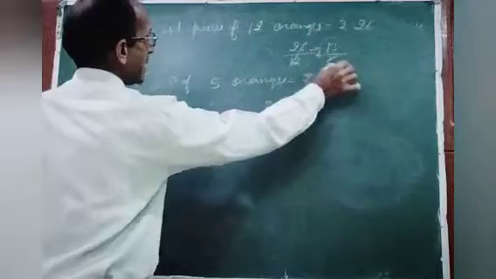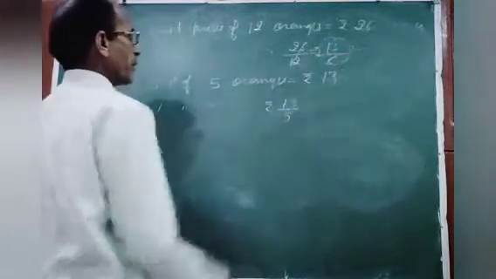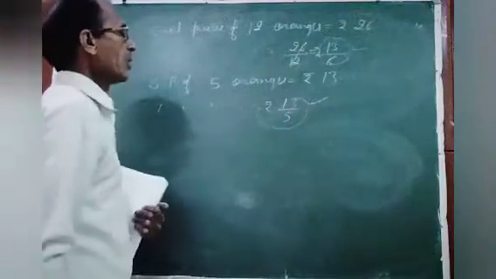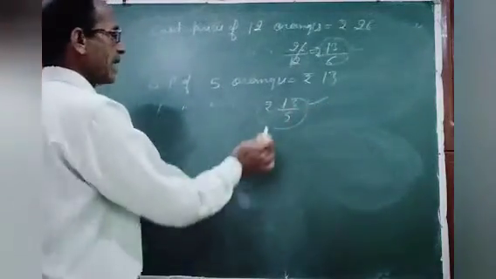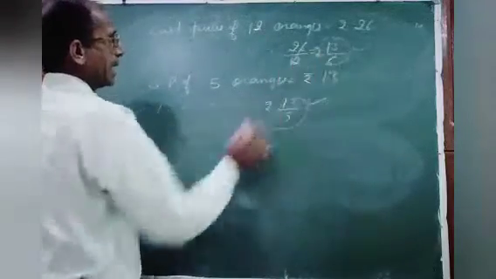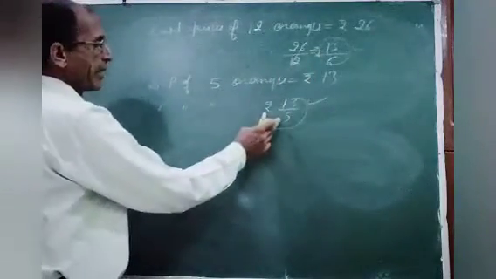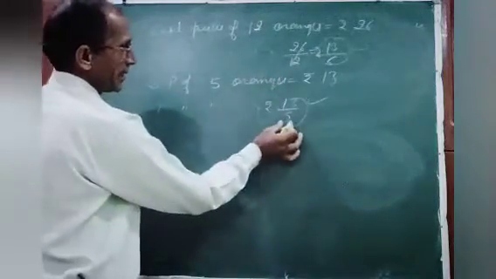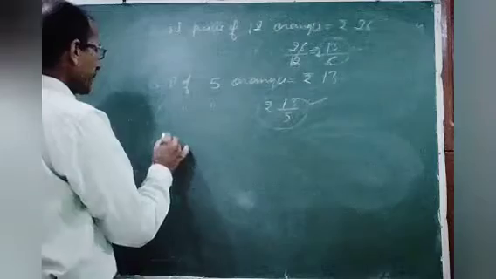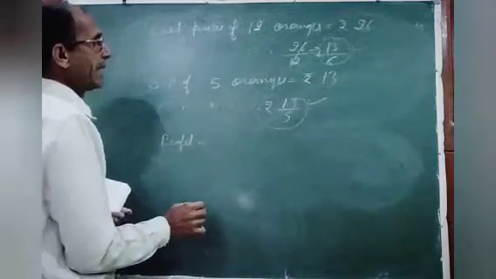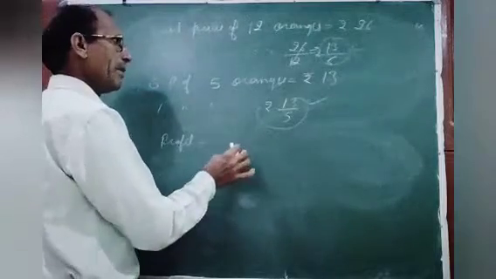So 13 by 6 is the cost price of 1 orange, and rupees 13 by 5 is the selling price of 1 orange. 13 by 5 is greater than 13 by 6, because this is the fifth part of 13 and this is the sixth part. So this is greater. So there is profit, because I told you if SP is greater than CP, then there will be profit.